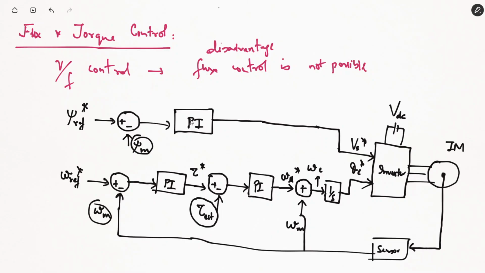So there are two loops here. The upper loop is... we have two loops here, the flux control loop and the second one, the torque control loop.